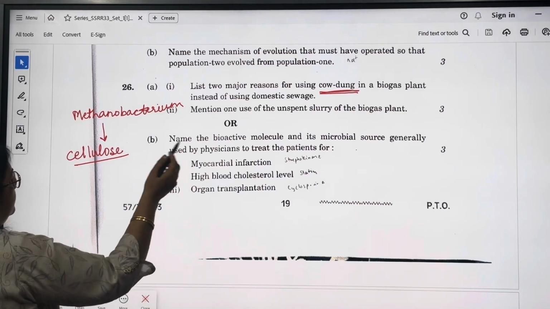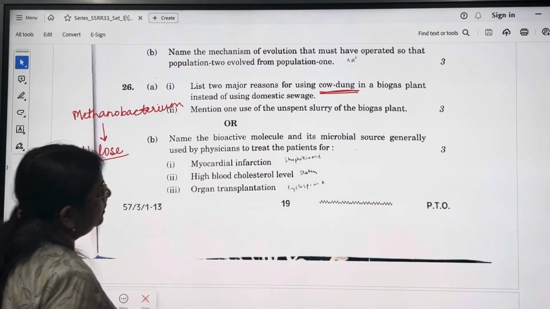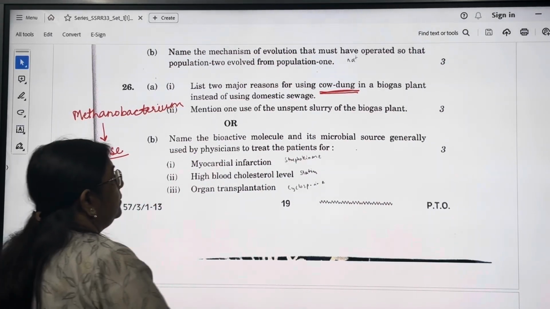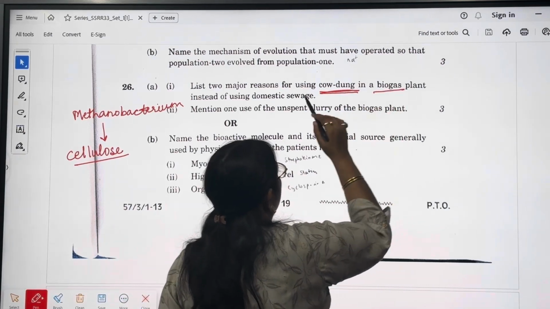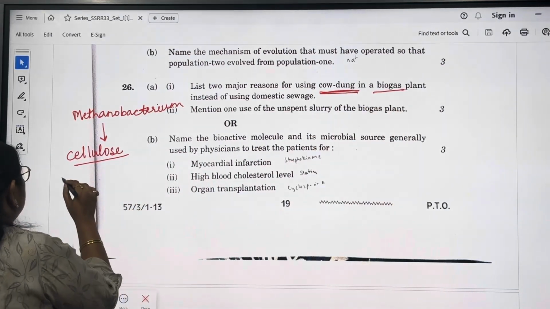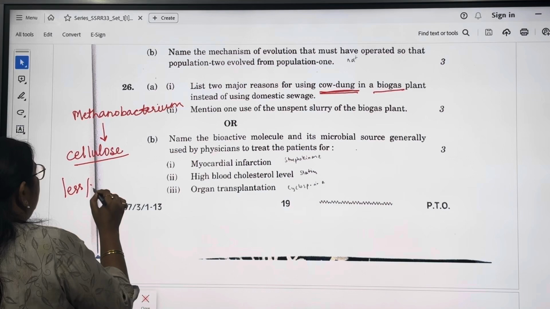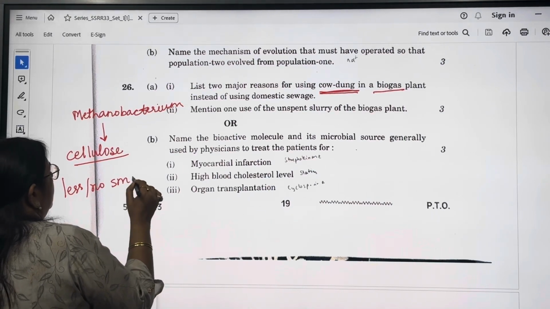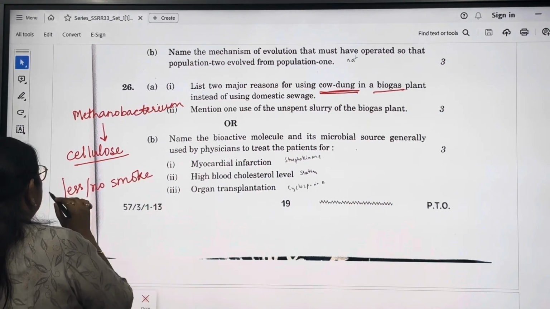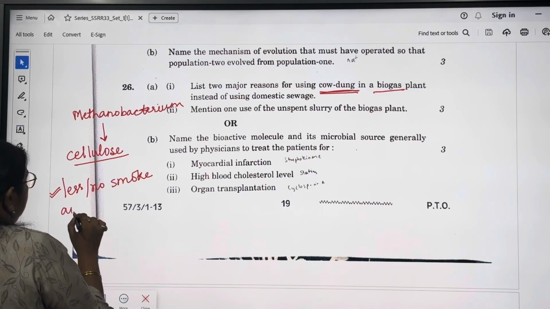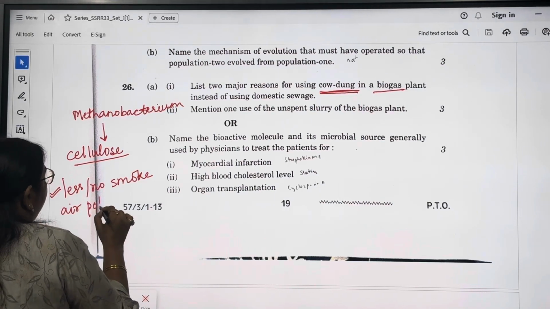Another point is that the biogas produced from cow dung contains less or no smoke, so it doesn't cause air pollution.